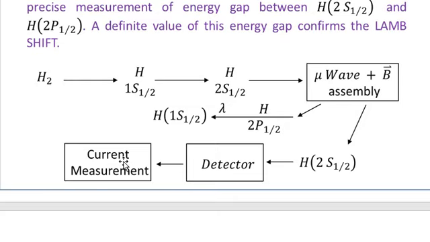And by measuring the dip in current, we can immediately measure the value of the microwave wavelength, and also the tunable magnetic field strength, and from these two parameters we can infer the energy gap between the 2s1/2 and 2p1/2 states.